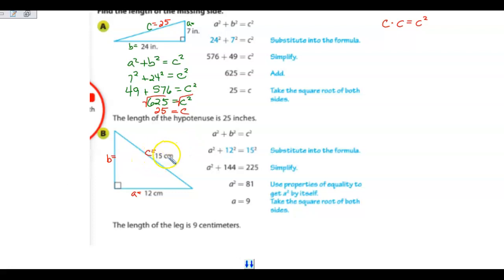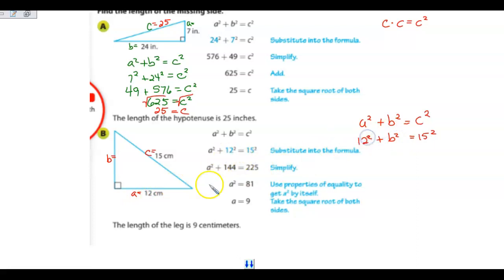So I can use the same thing and just substitute in. So I have a squared plus b squared equals c squared. And we know that c is 15. B we don't know. And a is 12 squared.